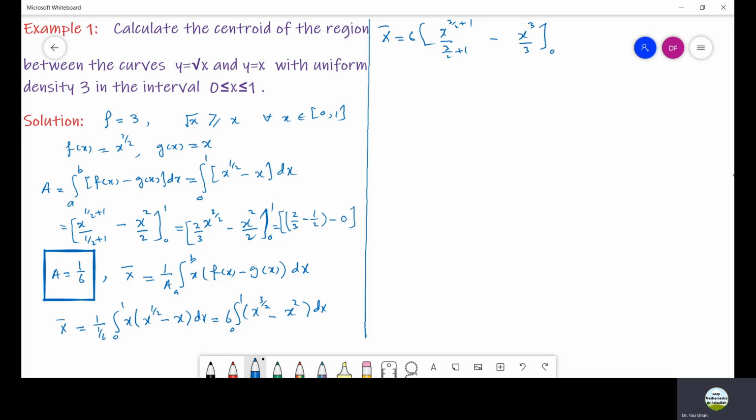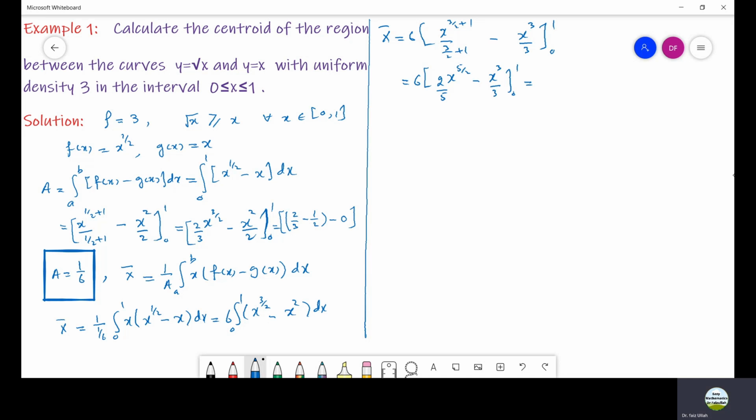The limits are from 0 to 1. So from this we get 6 into x power 5 by 2 divided by 5 by 2, so it will become 2 by 5, minus x cube by 3. Limits are from 0 to 1.